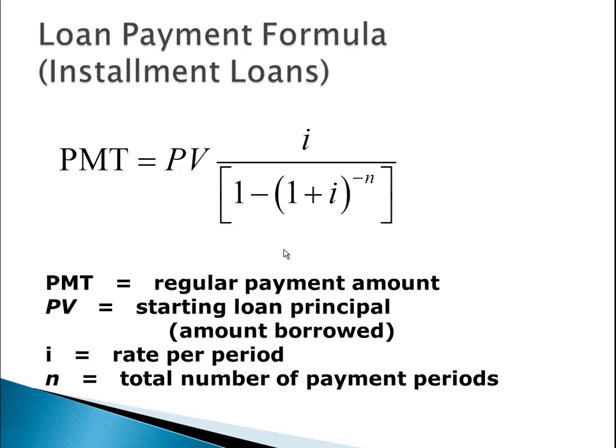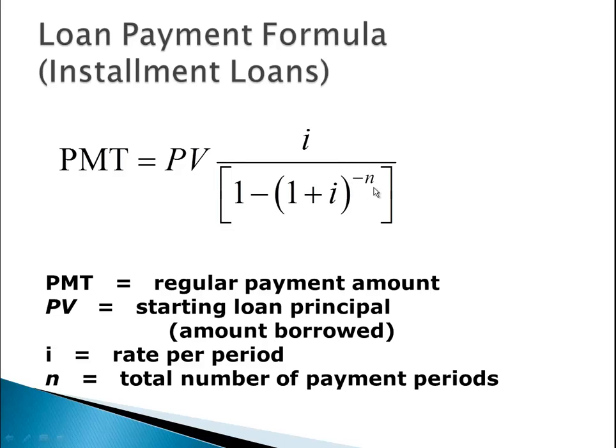One way to see the difference between this formula and the one for sinking funds: with sinking funds you're saving up, making payments to save up for the future, so your balance is increasing. For a loan payment, you're making payments to decrease the balance. How I remember this is the negative power up here in this formula.